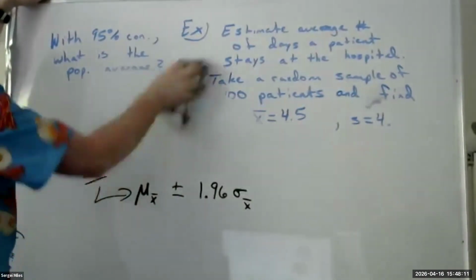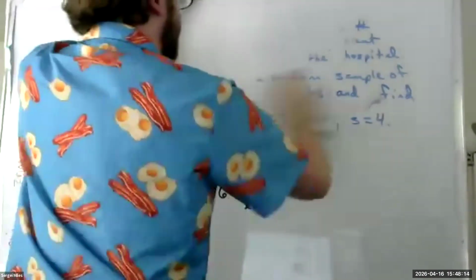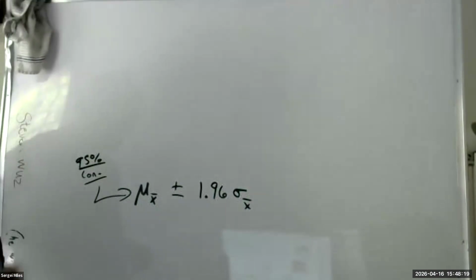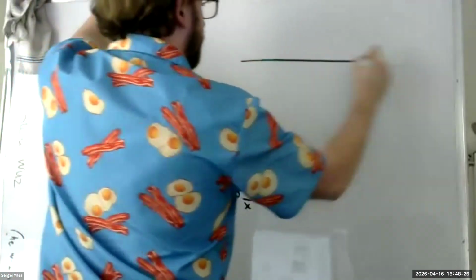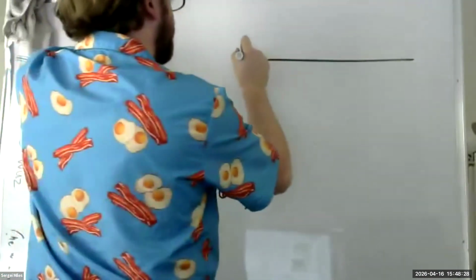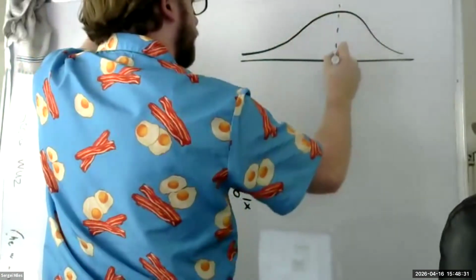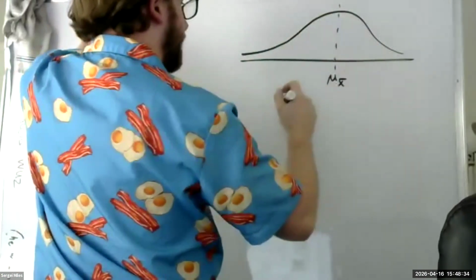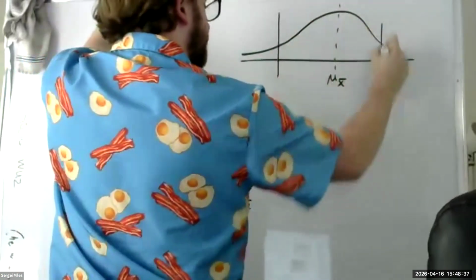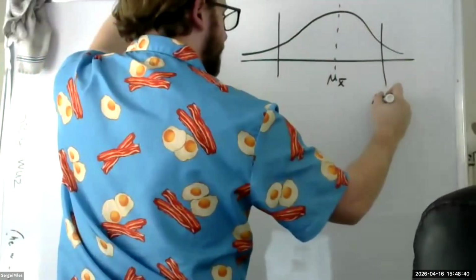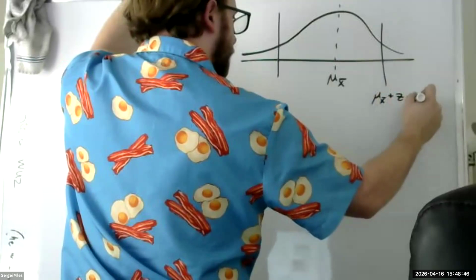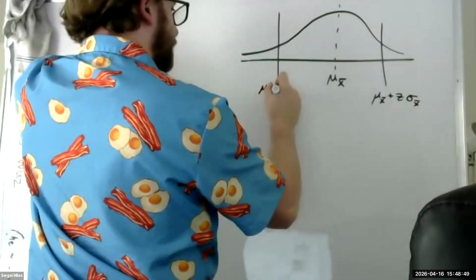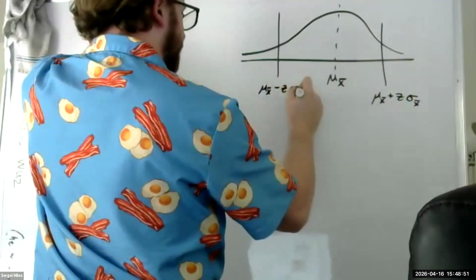Now that we've done this example, and we got the Z value of 1.96, whatever confidence I'm looking for, where I have this guess for the average, I'm going to go some amount to the left, some amount to the right, where this is the average plus some number of standard deviations, and then the average minus some number of standard deviations.